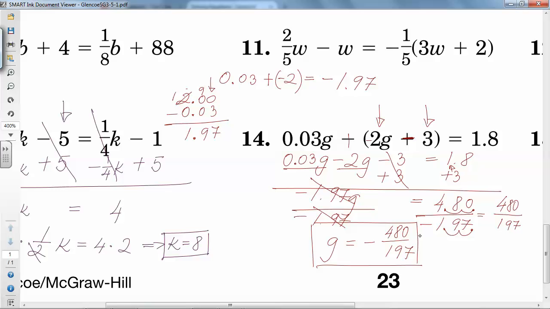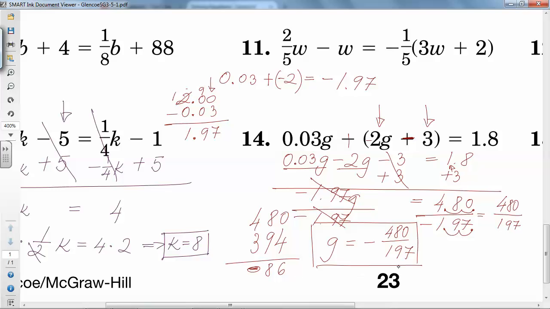Like I said, you can go ahead and divide, or you can write it as a mixed number. 197 goes in 480 how many times? Is it 2 times? Right, 2 times 7 would be 14, 2 times 9, 18, plus 1, 19, 2 times 1, 2, plus 1, 3. So I have 480 minus 394. 4 out of 10 would be 6, 9 out of 7 would be 8, 3 out of 3 would be nothing, right?